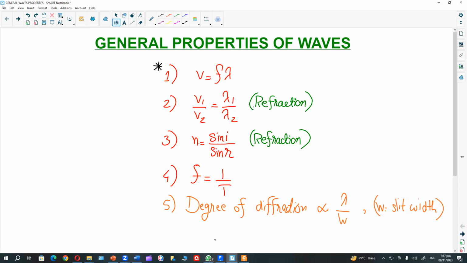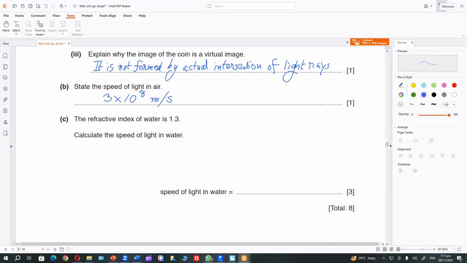Have you copied it? Yes. Okay. Now, can you repeat the formulas for me? And I hope you're copying down everything.